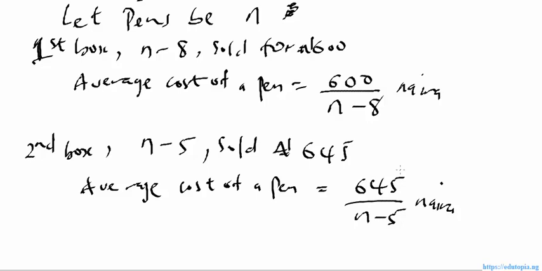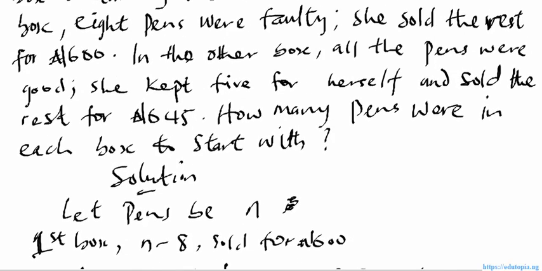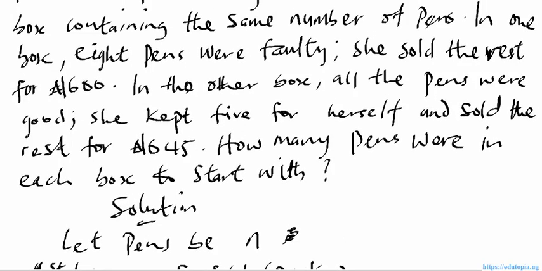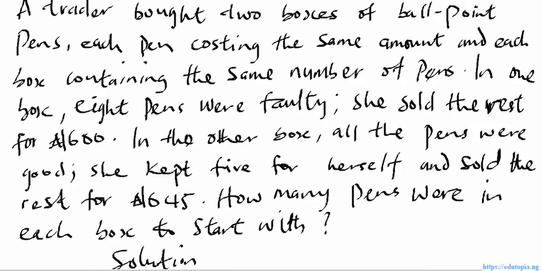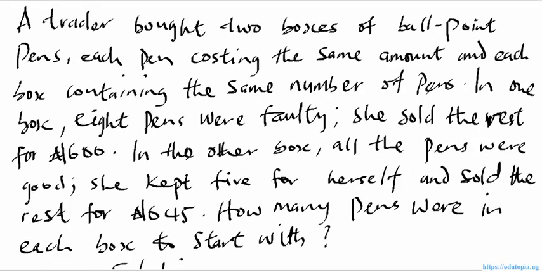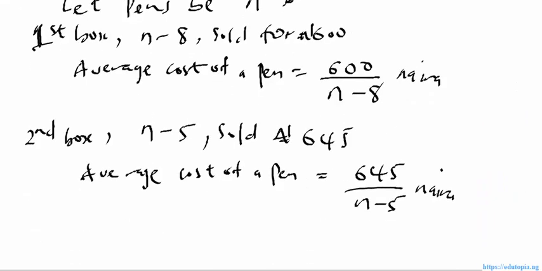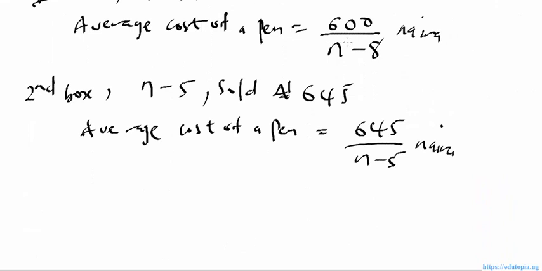Now what we're going to do is this. If you look at the problem, we say each pen costs the same amount and each box contains the same number of pens. So each pen costs the same. Automatically, if we get the cost of a pen in the first box and equate it to the second one, the prices should be the same, because we're told that each of them costs the same.